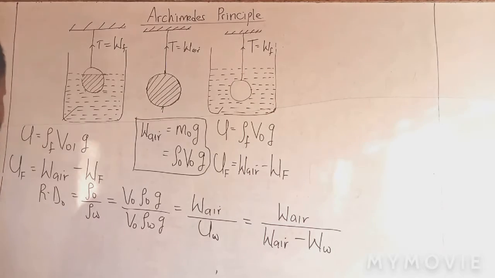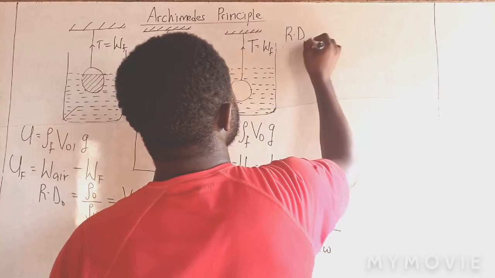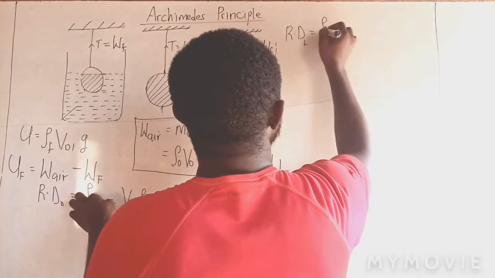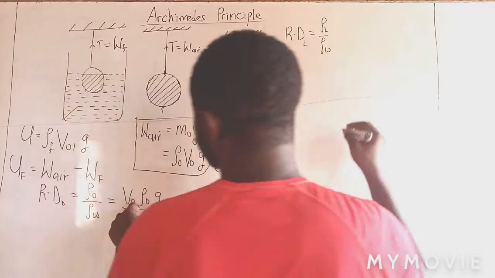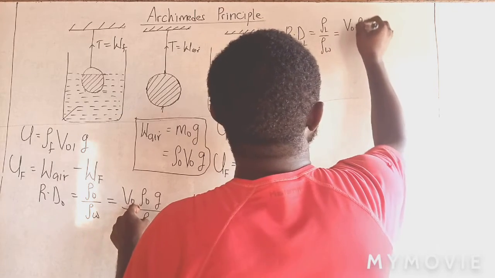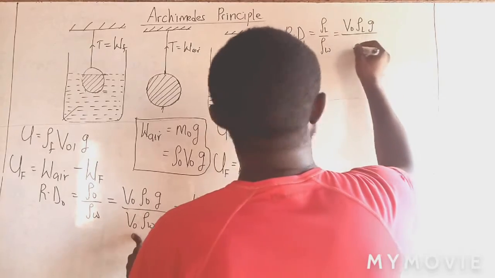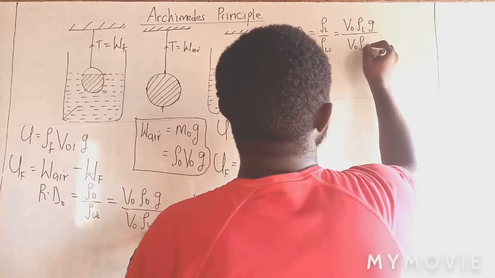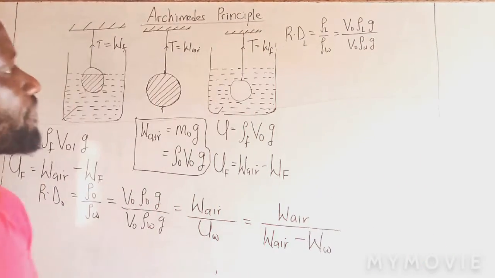Now let's look at relative density of a liquid. Relative density of a liquid is equal to density of liquid over density of water, which is equal to volume of object, density of liquid, acceleration due to gravity, over volume of object, density of water, acceleration due to gravity.